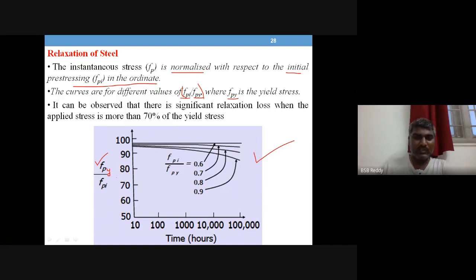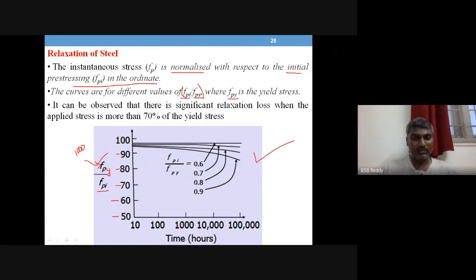If the initial pre-stress value that you apply is, say, 50% of its yield stress, for example, if the yield stress is 1000 megapascal for a particular steel and you are applying 500 megapascal, that means 50%, or 60%, 70%, 80%, 90%, likewise.